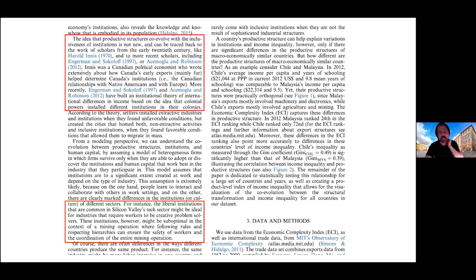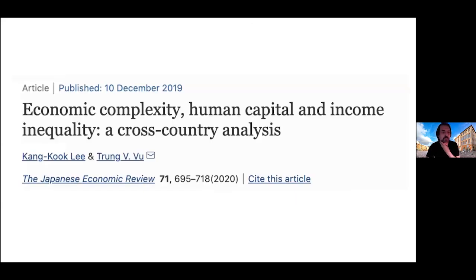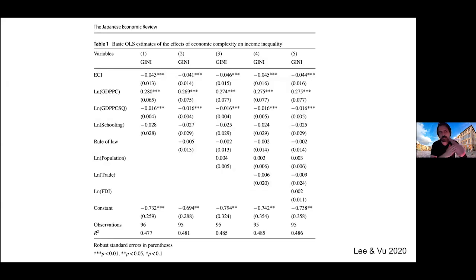And there's people that then started to look at this relationship deeper, and I want to highlight two papers here. One from Lee and Wu, and here they look also at income inequality across countries, and they look at economic complexity, and here they reproduce what we find in the 2017 World Development paper, basically the same coefficients and the same story.